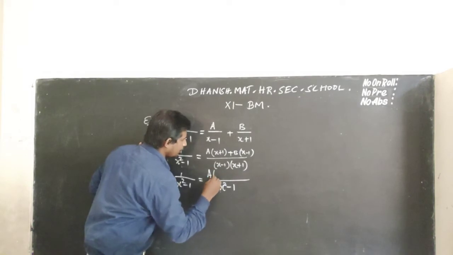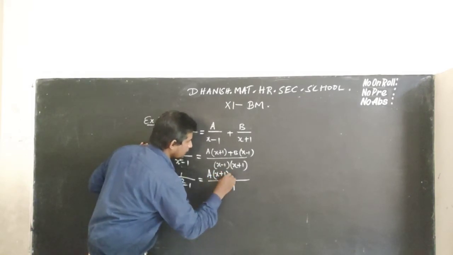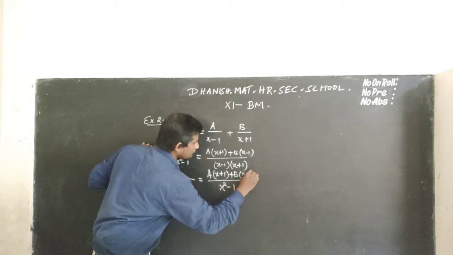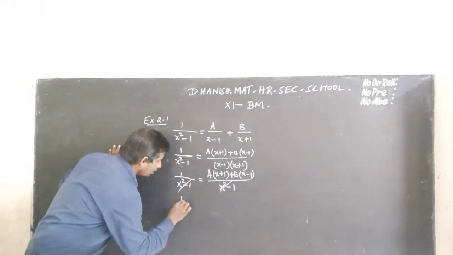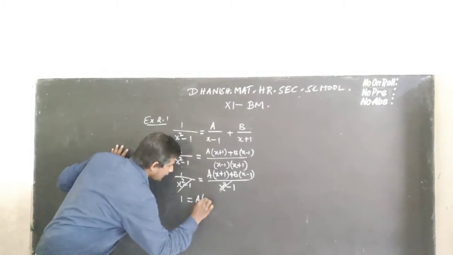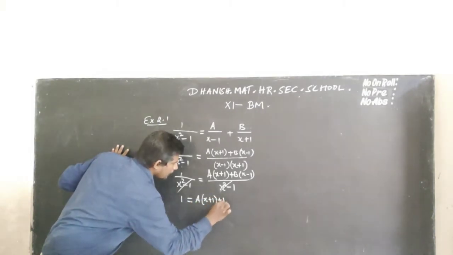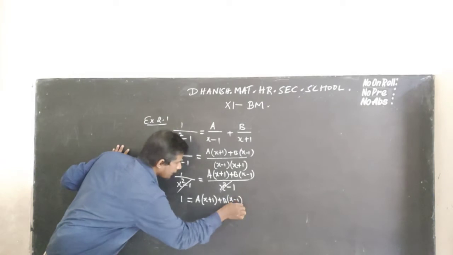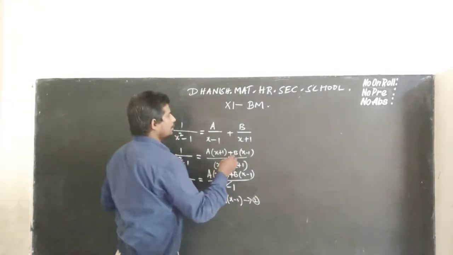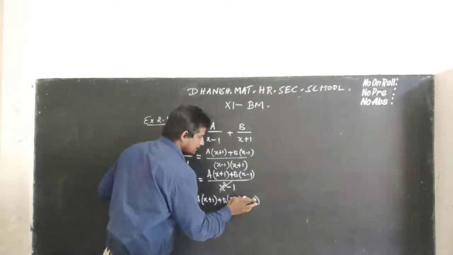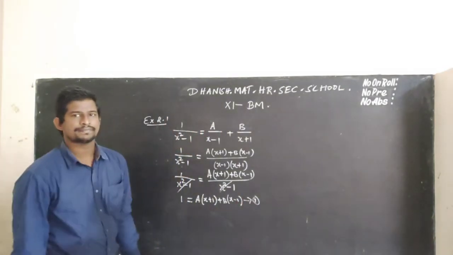I am going to write the numerator as it is, A into x plus 1 plus B into x minus 1. These two denominators will get cancelled. What is remaining? 1 equals A into x plus 1 plus B into x minus 1. We can consider this as equation number 1.